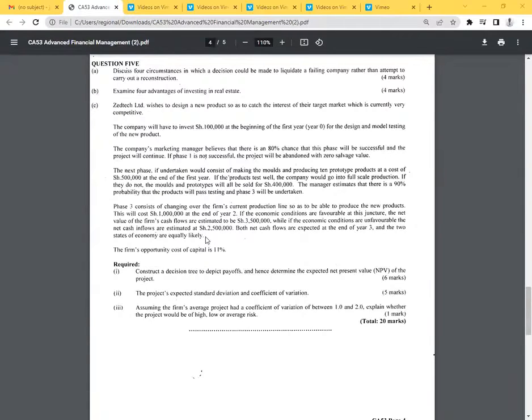The firm's opportunity cost of capital is 11%. So basically, they are giving us the COC, the cost of capital. They want us to construct a decision tree to depict payoffs and hence determine the expected net present value of the project.